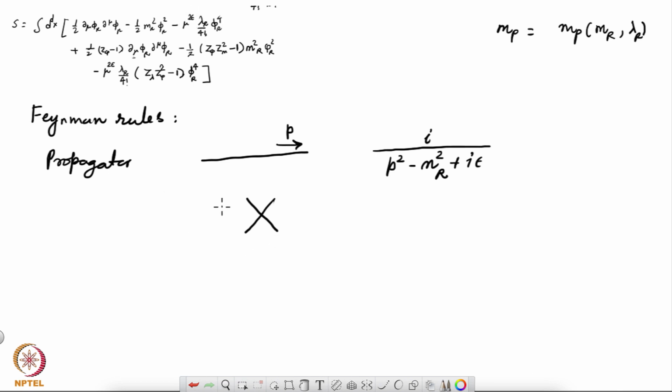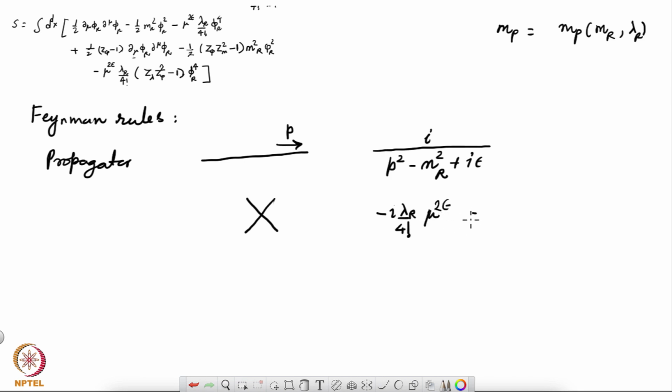Recall that the vertex here was minus i lambda over 4 factorial earlier. So instead of lambda, I will have lambda_r, and I also have a factor of mu to the 2 epsilon.